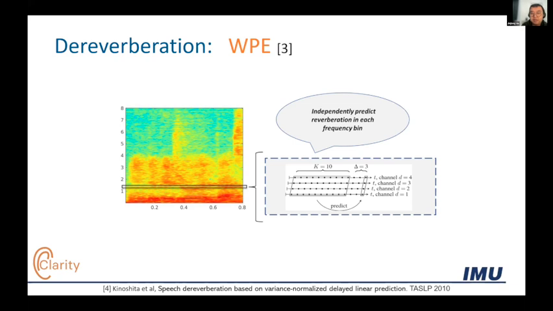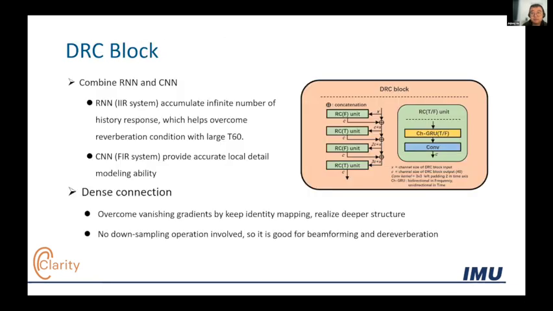This is because the convolutional reverberation can be modeled in the TF domain as an independent process between different frequency bins. Moreover, the reverberation process in different frequencies could also be different due to different reflection materials.